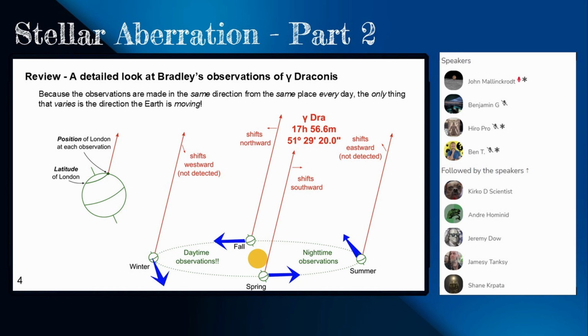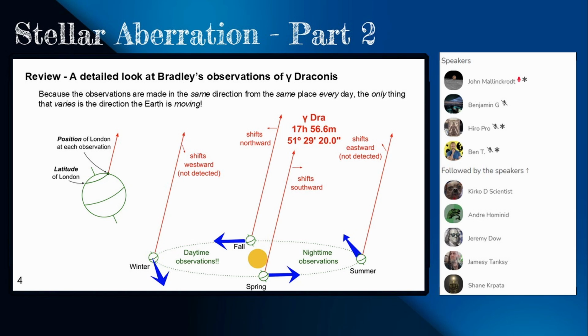Because what I want you to come away with from this time is to appreciate that the motion of the Earth is completely irrelevant here, other than the fact that the Earth is looking at the star in different reference frames. When the Earth changes its motion, it's now in a different reference frame, or it presents a different reference frame to look at things.